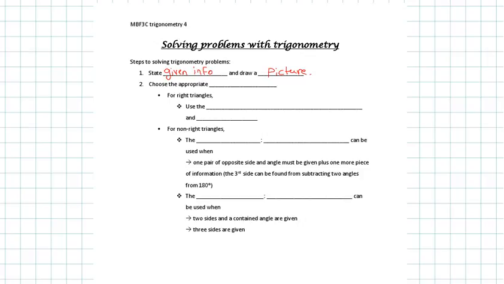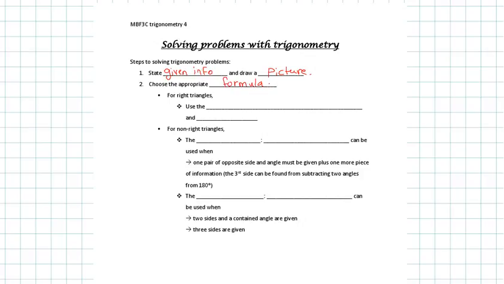Now, after you read the question, write the given information, and draw a picture, you're going to have to choose the appropriate law, or the appropriate formula. What do I use for right triangles? SOHCAHTOA or the Pythagorean theorem.